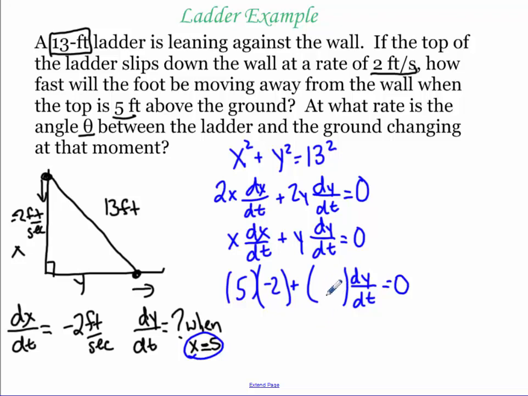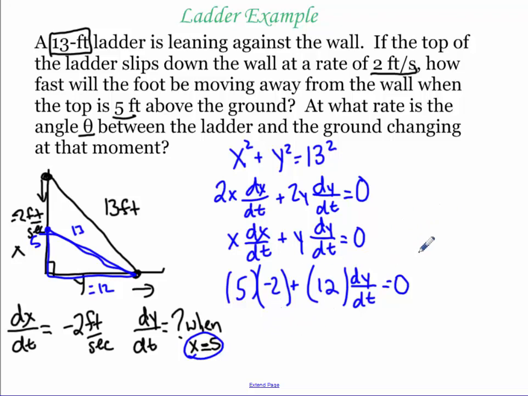Okay, how do I find y? Well, at that instant, when x is equal to 5, our hypotenuse is 13, we have a right triangle, and convenient that it's a Pythagorean triple, so y is going to equal 12. Or you could use your Pythagorean theorem to solve.